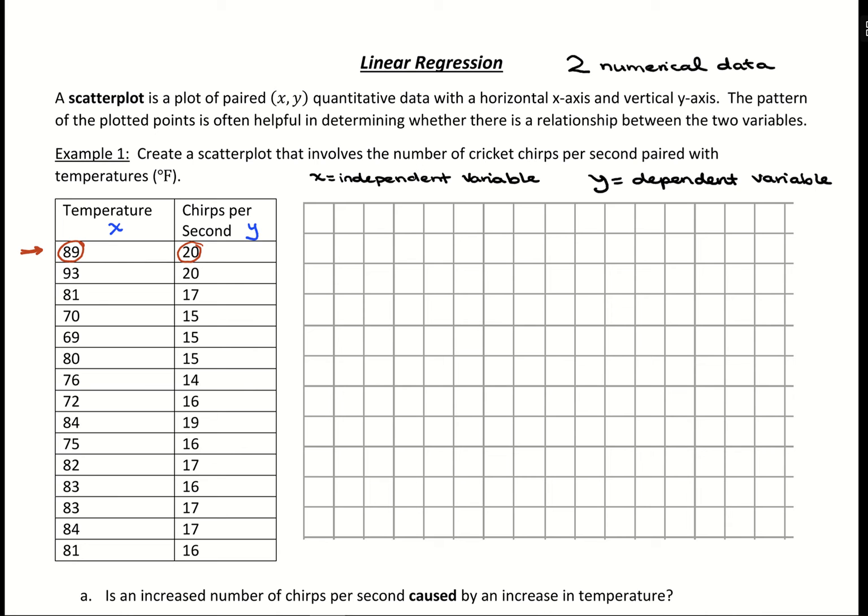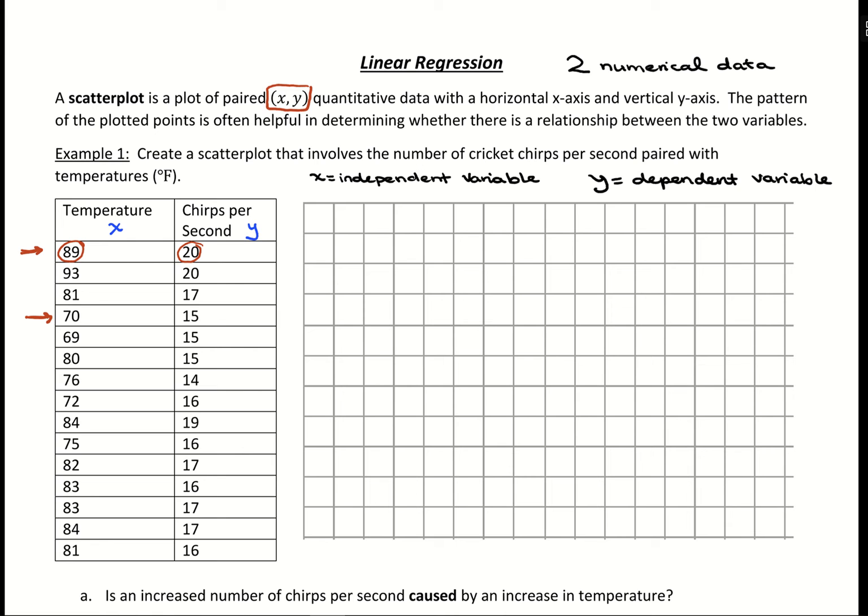And then if I choose another one, let's say this one here, in that fourth column, when the temperature was 70 degrees, there were 15 chirps per second. So we can't really mix up the data in terms of the columns because they are paired. So that's where we get this paired data of x and y going together.